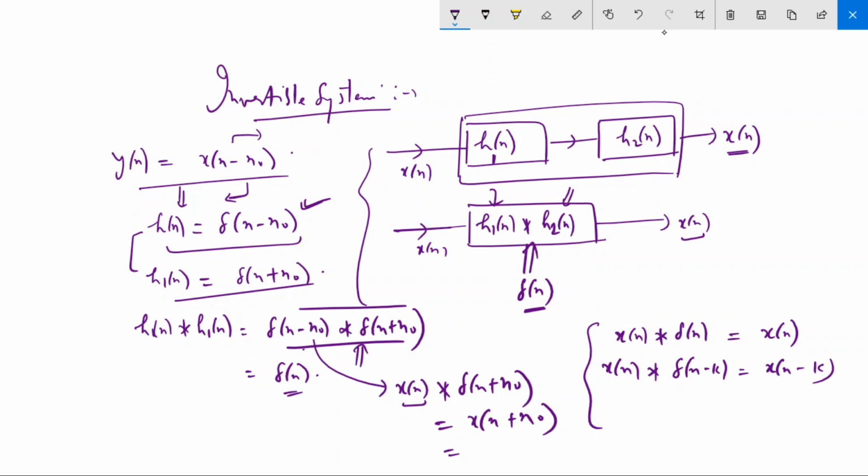And what is my x[n]? x[n] is delta[n minus n naught], so it will become delta[n minus n naught plus n naught]. You will get delta[n] as the output. This is how you define invertible systems if they are LTI.